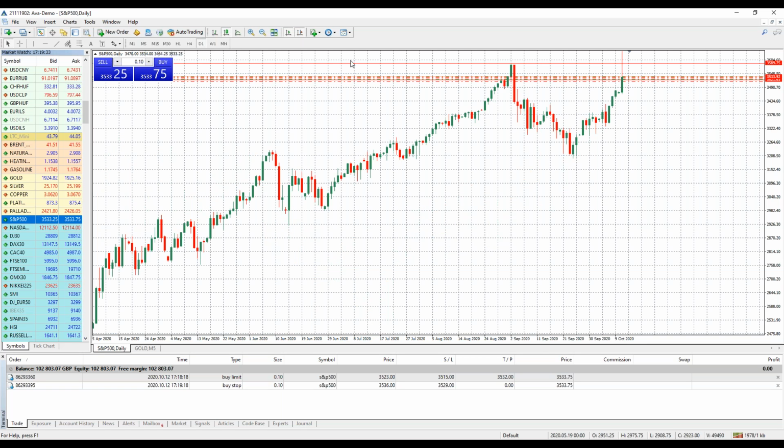We have to see, well, let me get rid of this little vertical line. Where is the next resistance level? We drew it up here, right? It's up here, around 35.89, let's say.